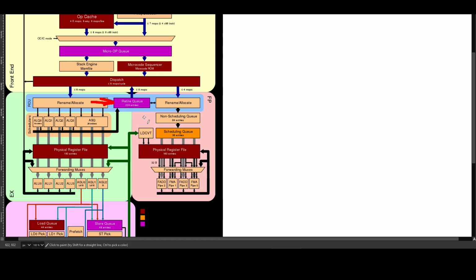When we have the longer reorder buffer, in the case of Skylake, obviously that's the same, but in the case of Willow Cove, it's much deeper, and our instruction queue is also deeper, so we can pick instructions that will satisfy our dependency better, and when we have dependencies, we can put more of them into the reorder buffer and have them wait there for the results they depend on to be produced.